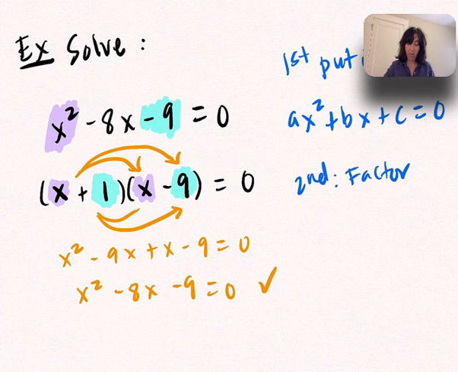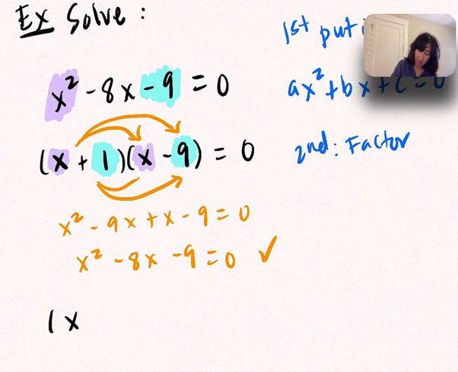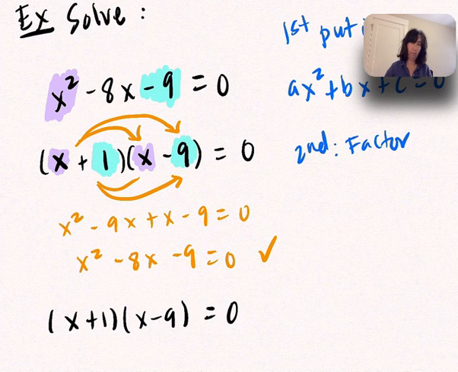Okay, now, if we factor, we get x plus 1 times x minus 9 equals 0. Where do we go from there?